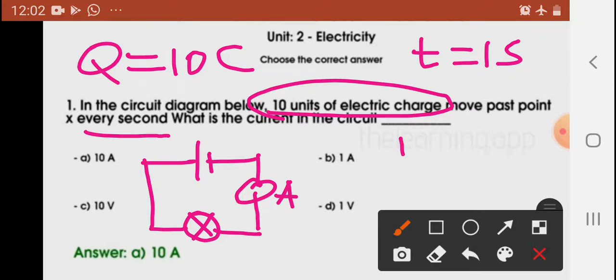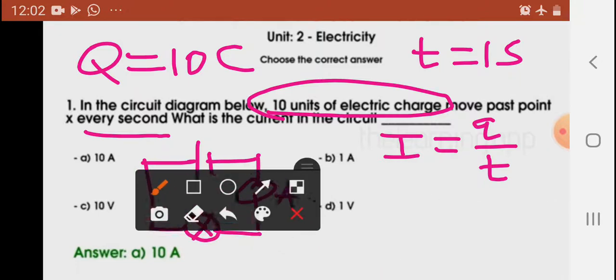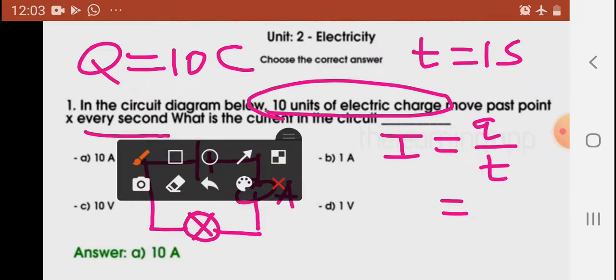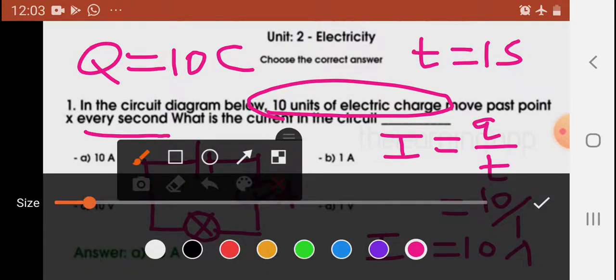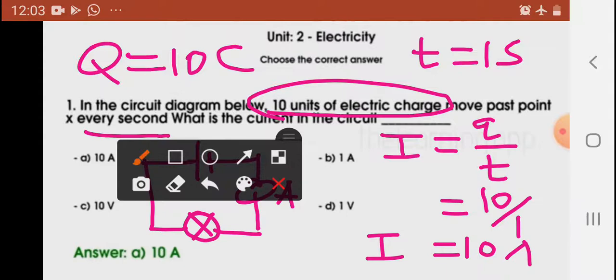And what is the current? Current I is equal to Q by T. Here Q is equal to 10 coulomb divided by 1 second. So I is equal to 10 ampere. The unit of current is ampere.